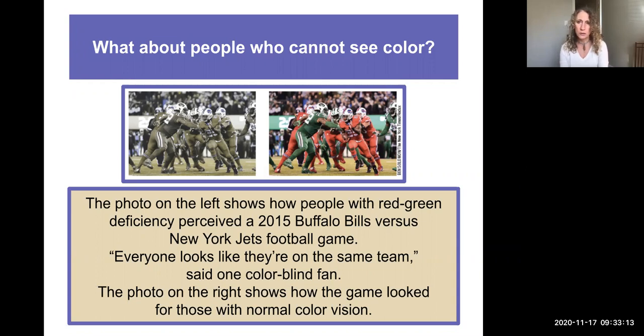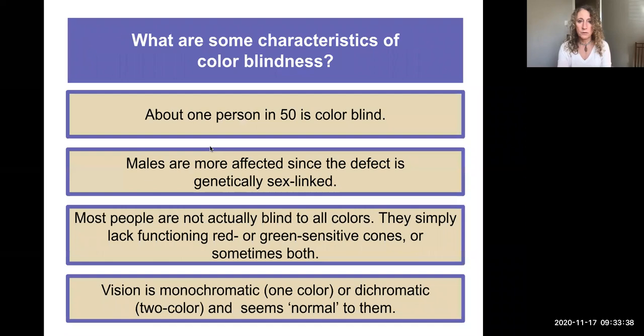If somebody has red and green color blindness, the one on the left would be how they would actually see that game, which seems kind of muddy, right? They're having trouble with the activation of those receptors. But those of us that do not have it, we would see the red team and the green team. All right, now you might have a favorite between those.